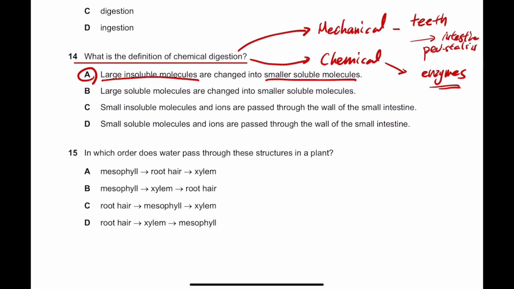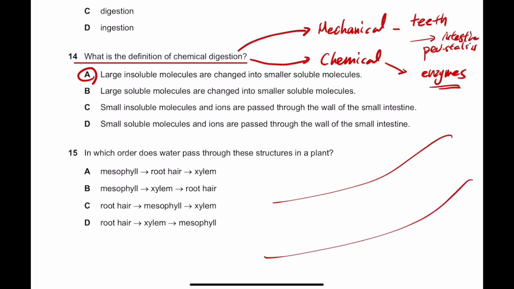So the large molecules are often insoluble, and they have to become soluble in order to digest better and also transport better. Okay? Because the small molecules, if they are soluble, then they can move around our body when the blood travels.